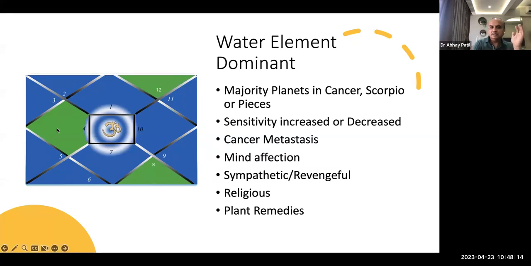But the most important element which I found for cancer is, of course, Cancer. That is the problem related to affection. And the 8th house Scorpio, problem related to indignation, vexation, mortification. This is what they are subjected to.